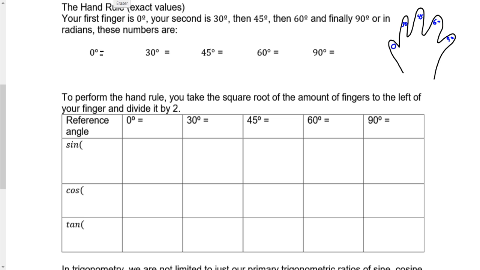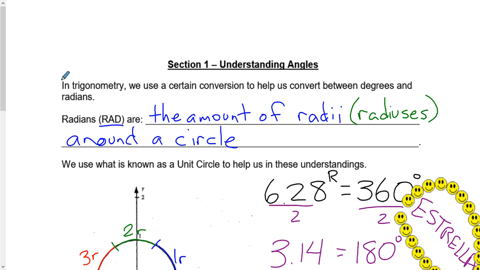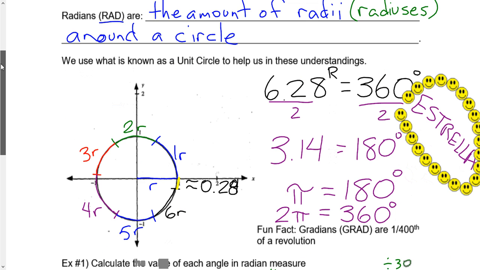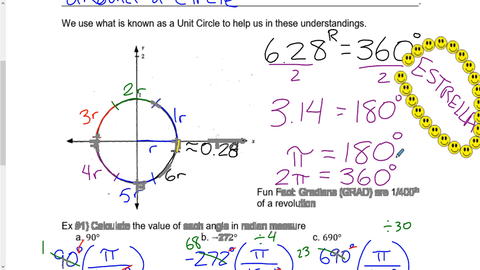But since we learned section 1 where we learned about radians, we also have to talk about what these degrees are in radians. So just as a quick little review, our radians are the amount of radii that are around a circle. Of course, tying in that one entire pi is 180 degrees is probably going to be the key thing to remember and know.